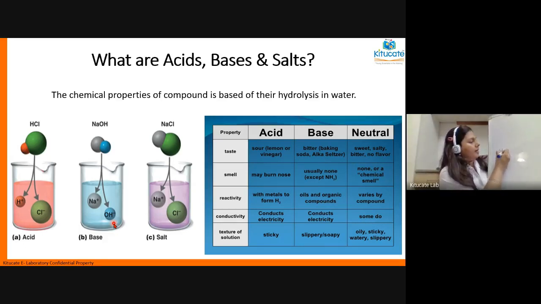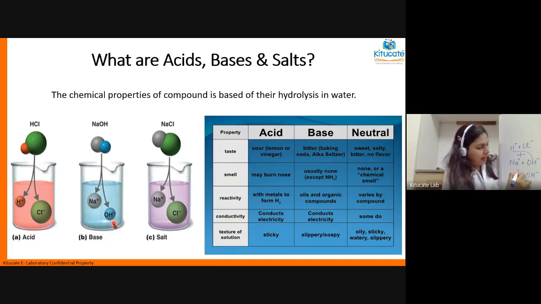I have one solution which is this, and I'm adding it with another solution which is this. Correct? Now, this H plus will go and bind with the OH. Now, what will happen? H plus OH minus.